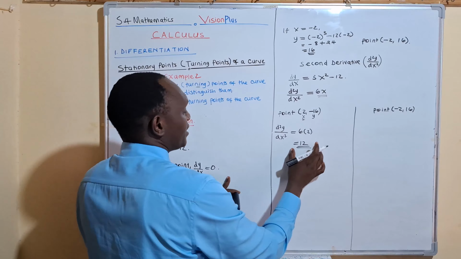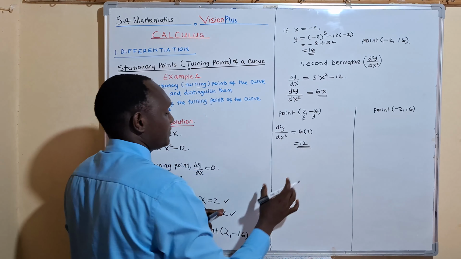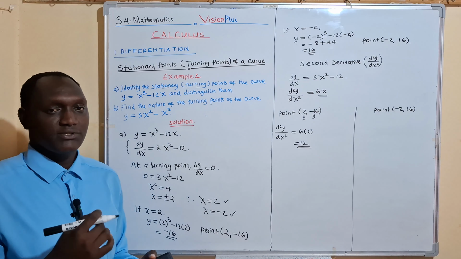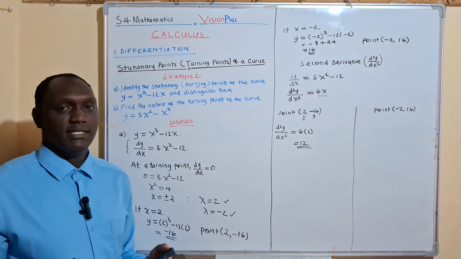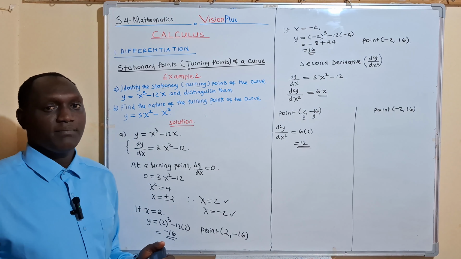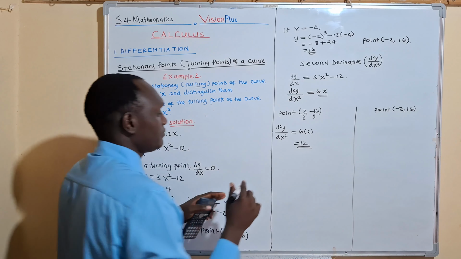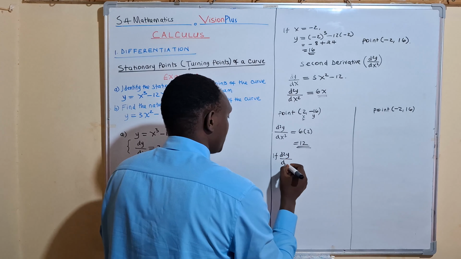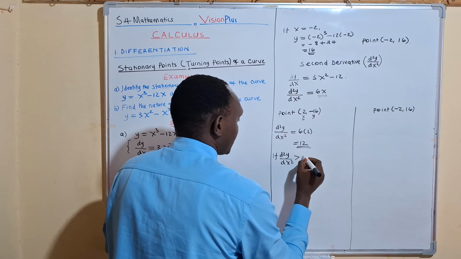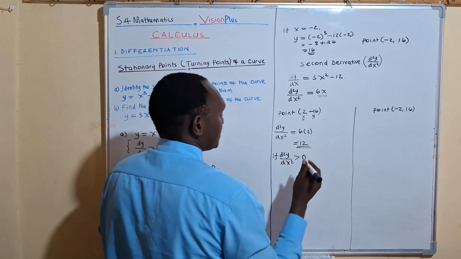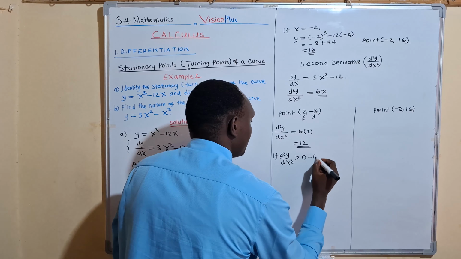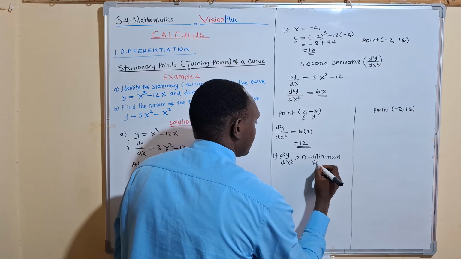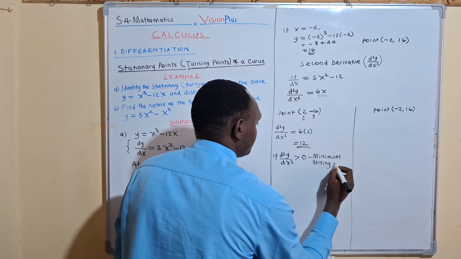And we say that if the second derivative is more than 0, it means the point is a minimum turning point. If the second derivative, d squared y dx squared, is more than 0, like in this case, it is a minimum turning point.